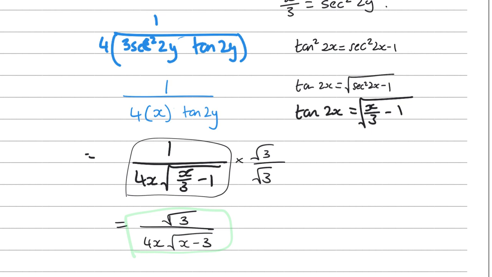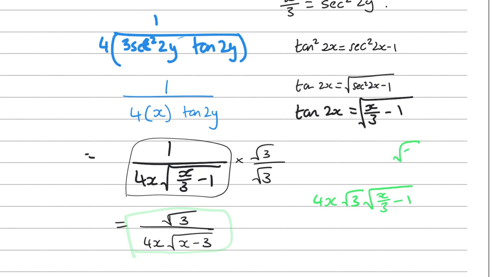Right, so then I know it's root 3. Now, if I have to multiply this by something, I can only multiply it by 1. So I multiply it by root 3 over 3. You're probably saying now, how did I get this? I didn't write this down because I wanted to break it down for you. So 4x root 3 root x over 3 minus 1.